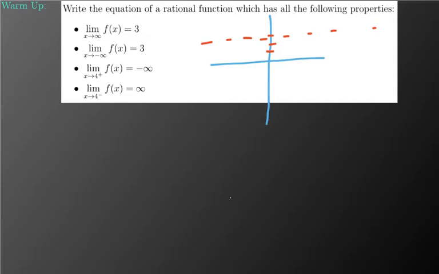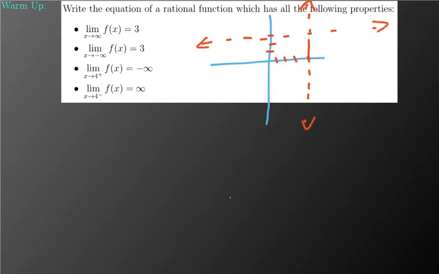Then over at 4, 1, 2, 3, 4, you're told that as you approach 4 from the right, the function value is going way down. And as you approach 4 from the left, the function value is shooting up. And so that means that there's some sort of vertical asymptote at this spot.